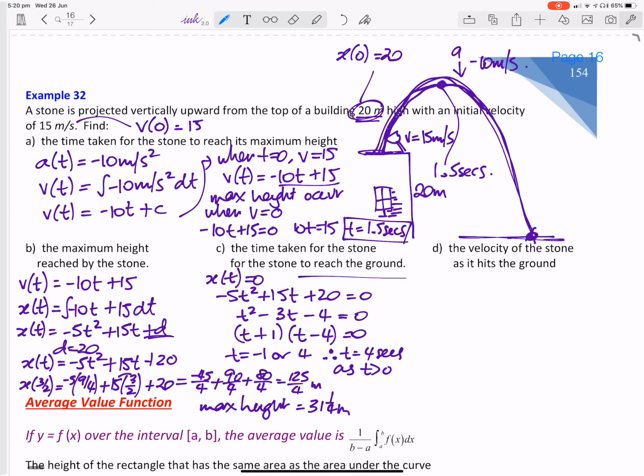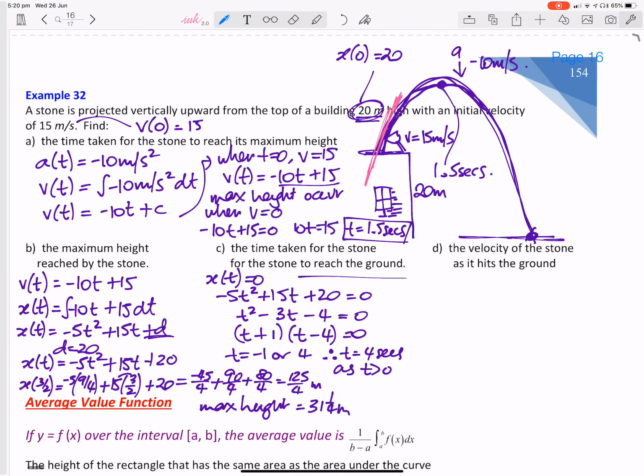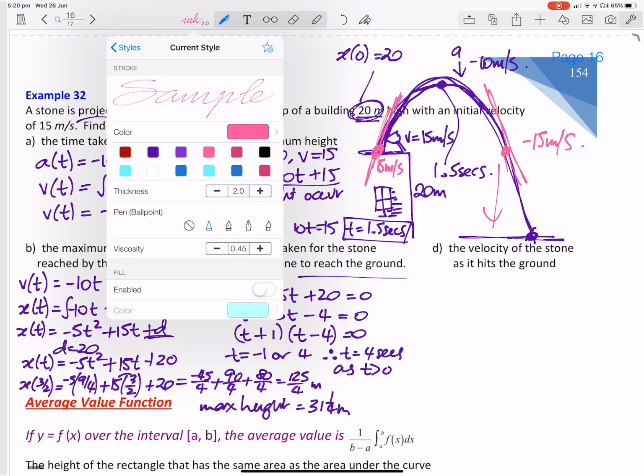Now the velocity of the stone, well, you know when it's accelerating, when it takes off here, at 20 meters, it's at 15 meters a second. So because of symmetry, when it's over here, that's going to be at negative 15 meters a second. So it's got to be faster than that because it's got acceleration, making it go faster towards the ground.